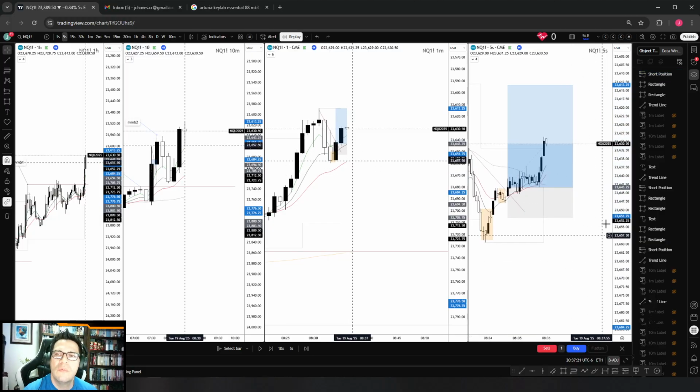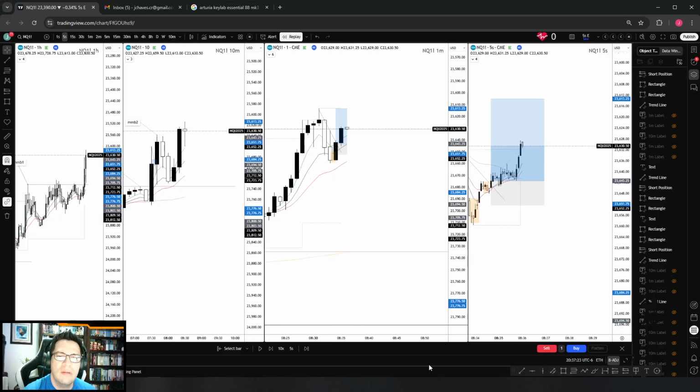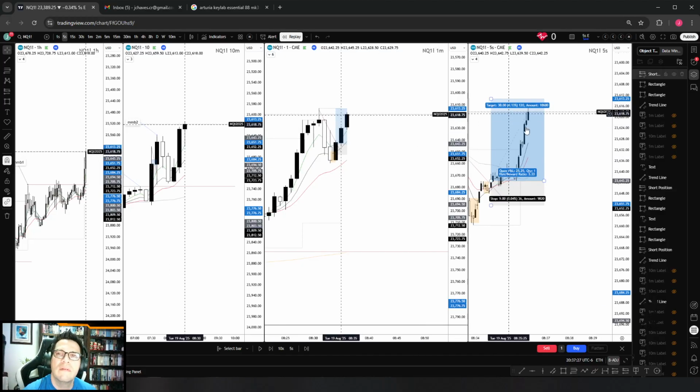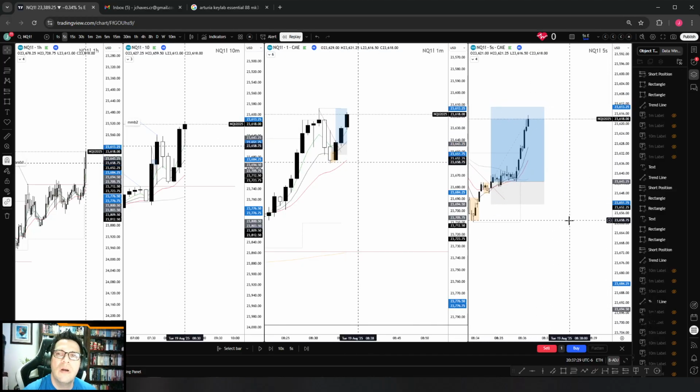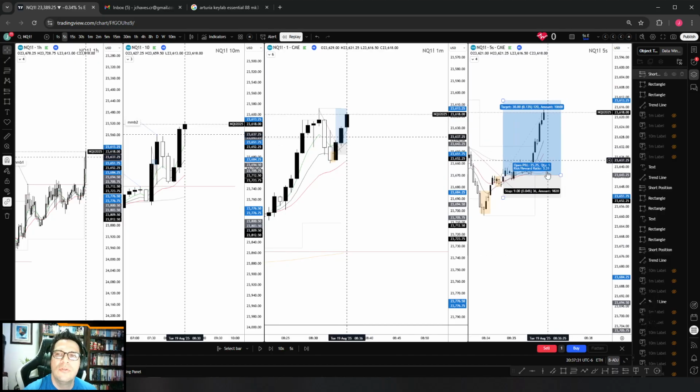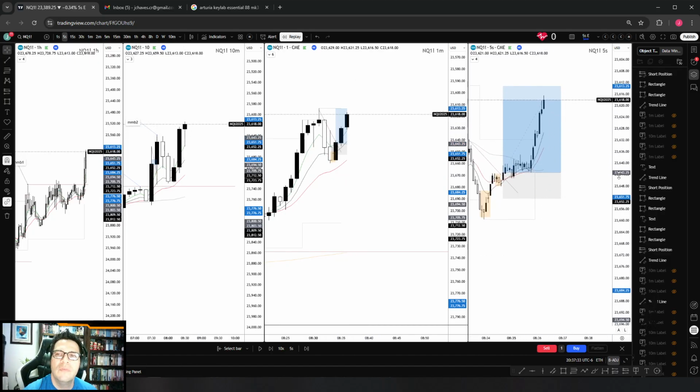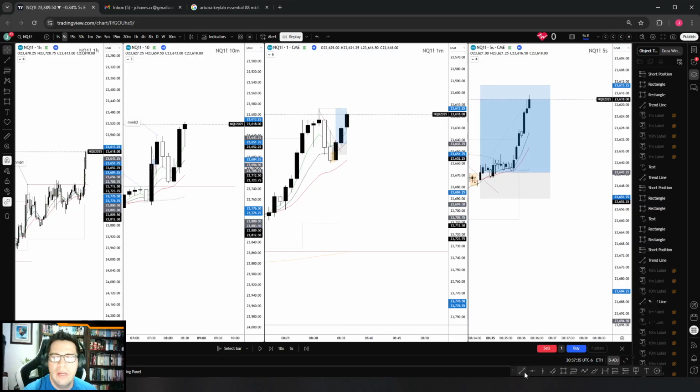So now let's wait to see how that would have developed. That one's coming almost to our full TP due to the extension on this move. At this point, for sure, I would move this to break even.